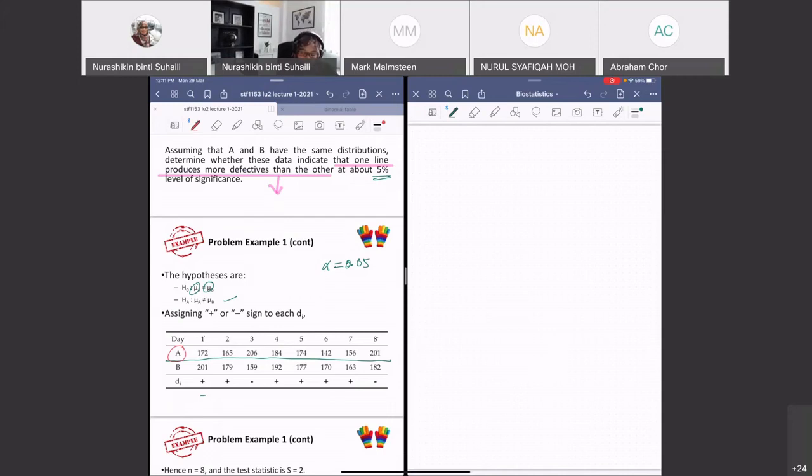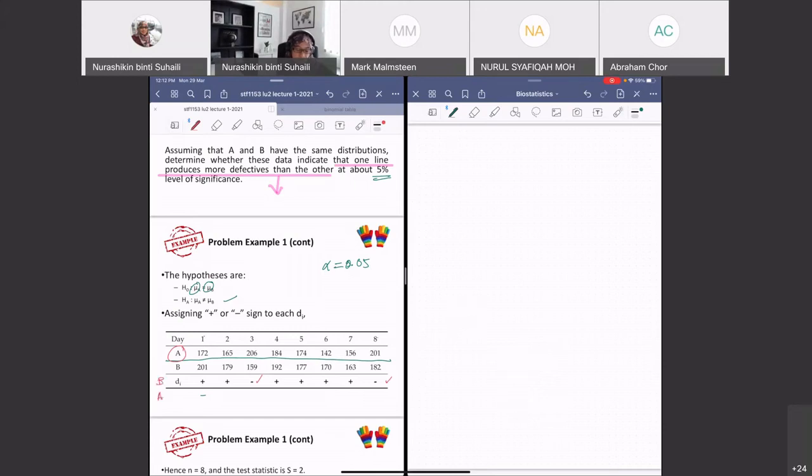If I compare from the point of view of B, 201 is greater than 172, so in this case it's positive. Using B as the point of comparison, 179 is greater than 165, positive, right? 159 is less than 206, negative, and so on until the end. 182 is less than 201, so this one is negative. That is when you are looking from B.